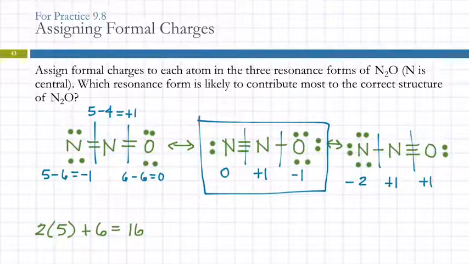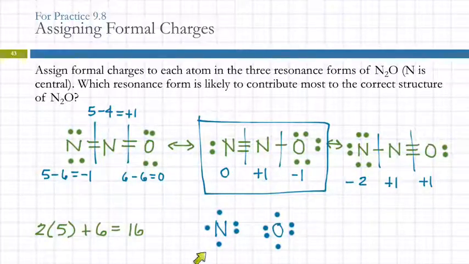Do you remember when we were looking at nitrogen and oxygen and their Lewis structures for the atoms? And we said, well, nitrogen likes to make 3 bonds. Here, nitrogen has 3 bonds and a lone pair.